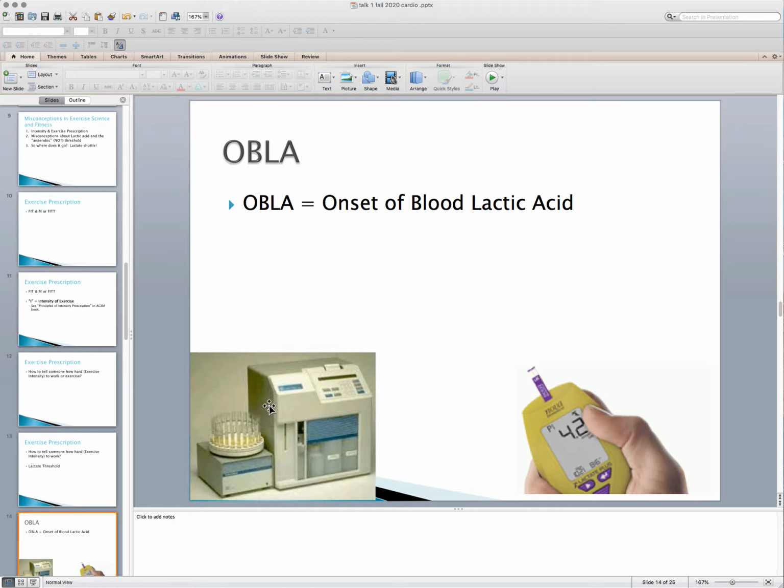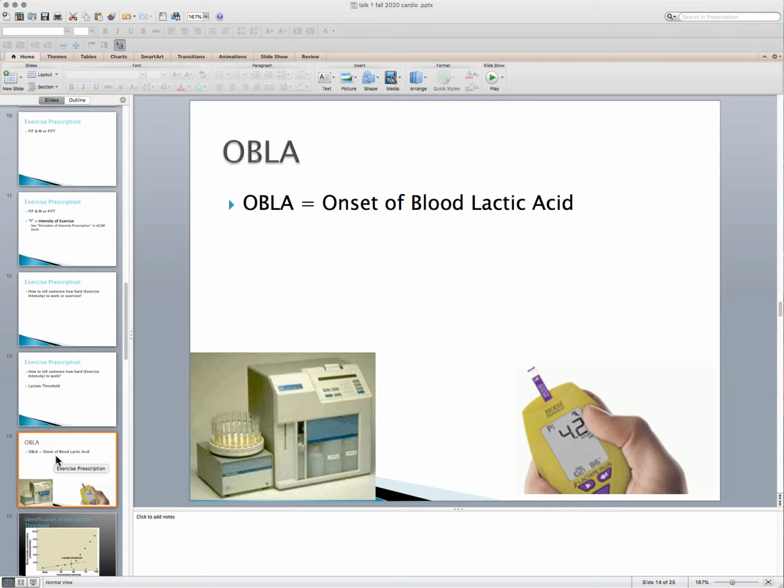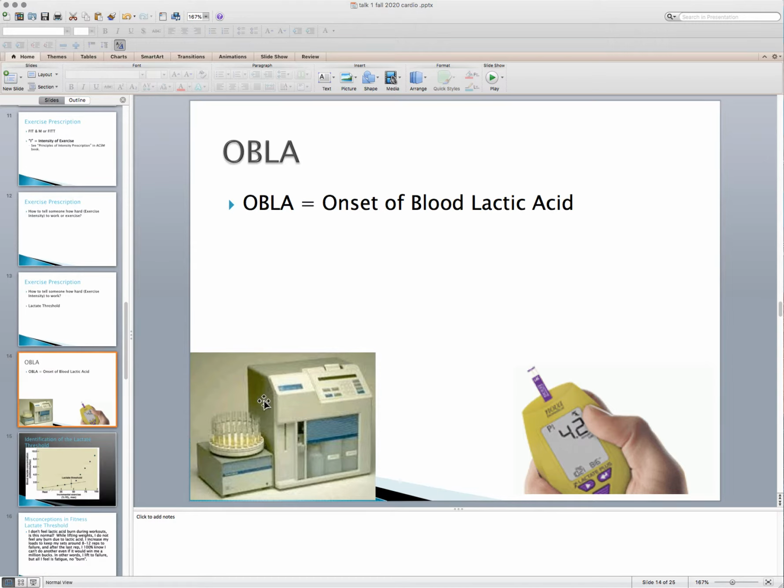This takes a little bit larger sample of blood, and it's a little more sensitive in terms of measuring blood lactate, although it takes a little more work to get a sample and to do calibrations for this analyzer. But these can be measured in the lab, or it can be measured out in the field.